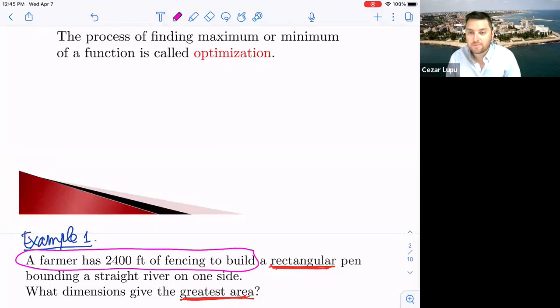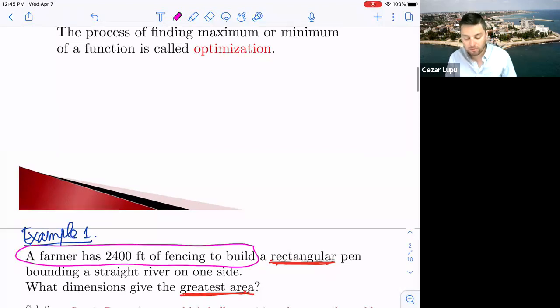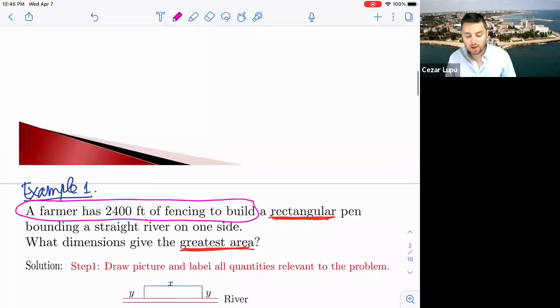All right, great. And how can we translate this first part of the sentence? A farmer has 2,400 feet of fencing. In other words, let me draw the picture. You see, this is a rectangular pen, and it's a rectangle of dimensions X and Y. Let me just draw it again.